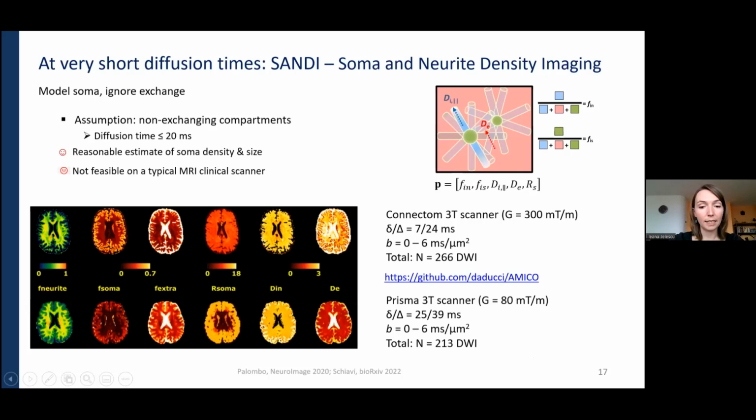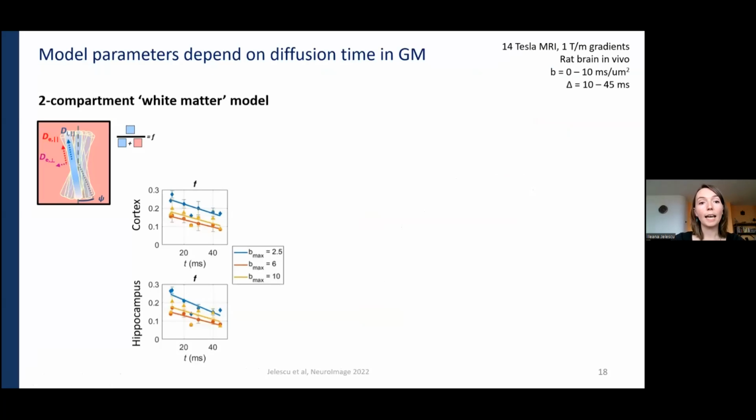Although Simona Schiavi and colleagues have recently proposed an implementation of SANDI on a clinical scanner where you compromise a little bit on this diffusion time, that it's a bit longer, and you just accept that exchange may affect some of the estimates that you get for the other model parameters. I will not dwell much on this because she may cover some of it in the next talk. And so I will move on to actually modeling exchange.